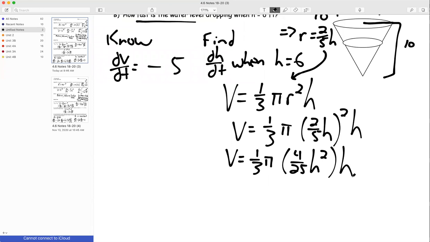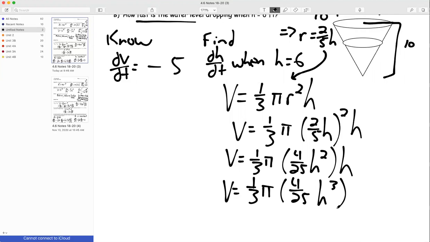And so I'm going to write this as volume equals 1/3 pi times 4/25 h to the third, h squared times h. And I still haven't differentiated yet. I just substituted 2/5 h in for r so that I could get rid of that r variable. Everybody okay?